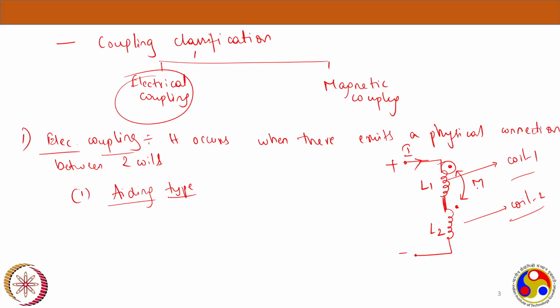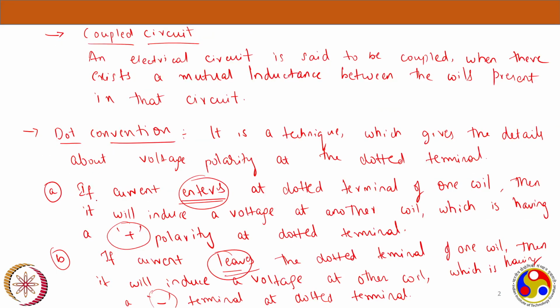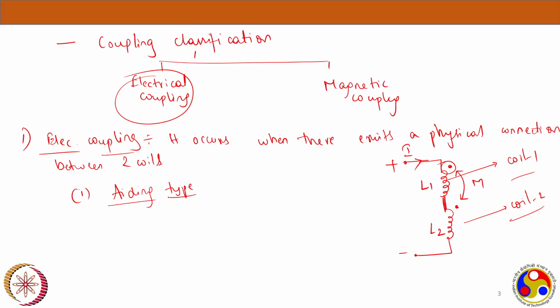Now let's go back to the previous slide and see the first rule. If current enters at the dotted terminal of one coil, it will induce a voltage in the other coil which has positive polarity at the dotted terminal. So in coil 1, the current is entering at the dotted terminal.